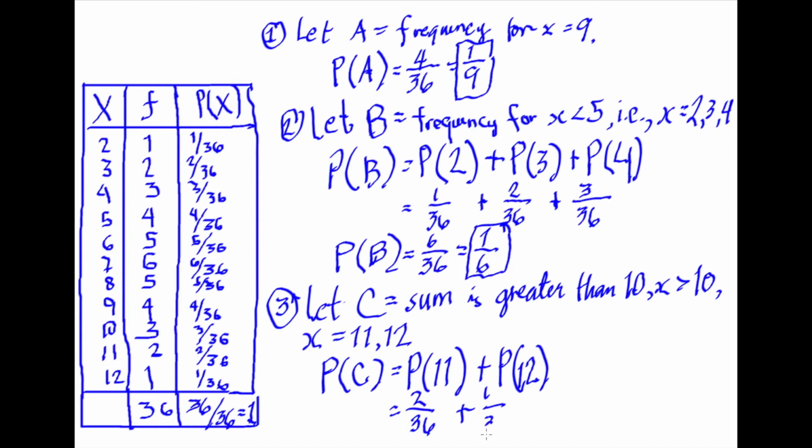So we combine them. Our probability of C is equal to 3 over 36. We can simplify this by dividing both the numerator and denominator by 3. This gives us 1 over 12, and this is our answer for letter C.